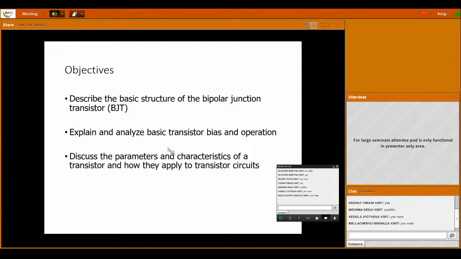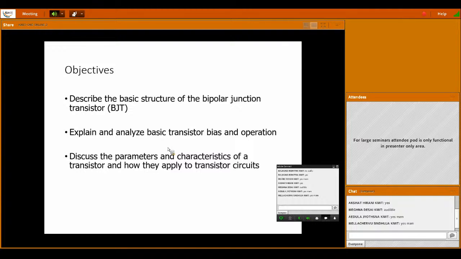Next, we are going to analyze the basic transistor biasing, like our PN junction diode. We applied forward bias and reverse bias, and learned what the currents are named in forward bias and reverse bias, and the applications, all in unit 1 on the PN junction diode.